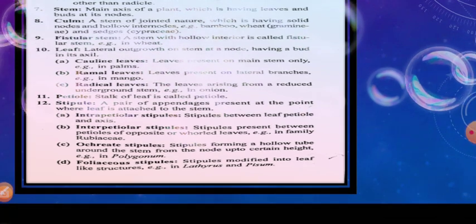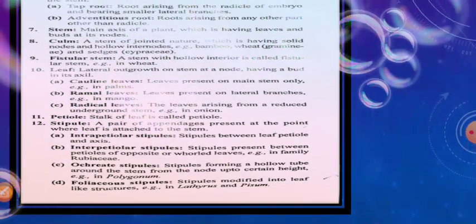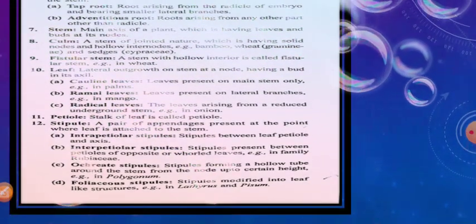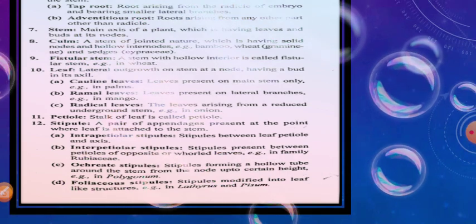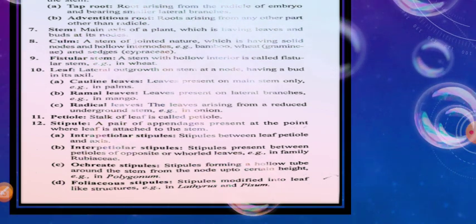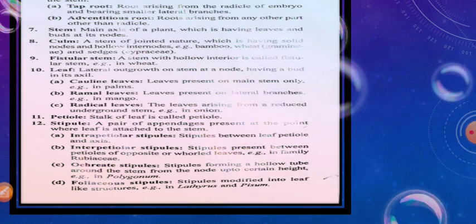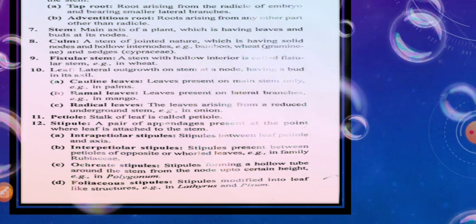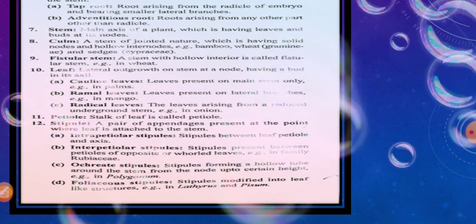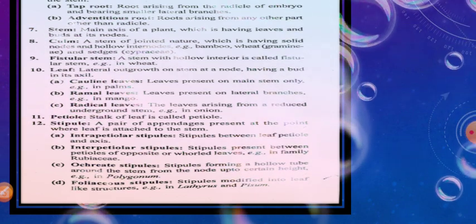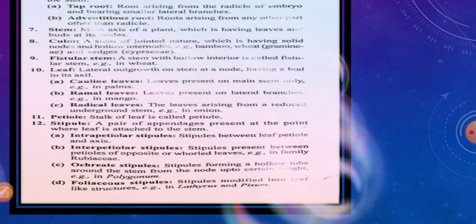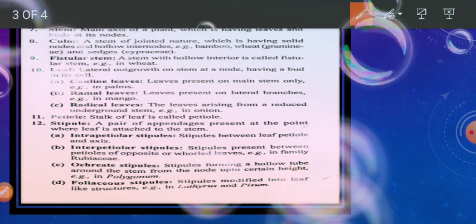Then stipule. A pair of appendages present at the point where the leaf is attached to the stem is known as the stipule.